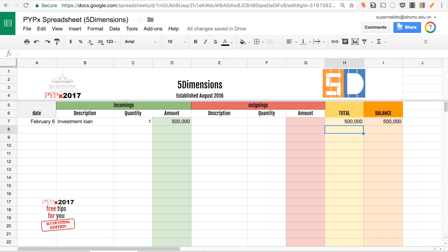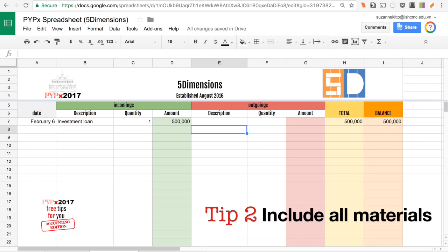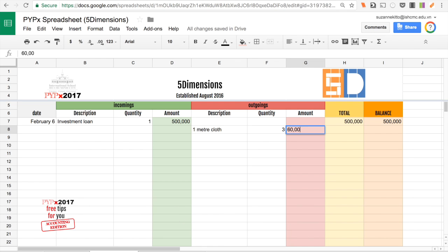Next thing I did was go and purchase some materials for my business. So I've got 1 metre cloth pieces. I bought 3 of those at 60,000 each. So the total for 3 of those will be 180,000.